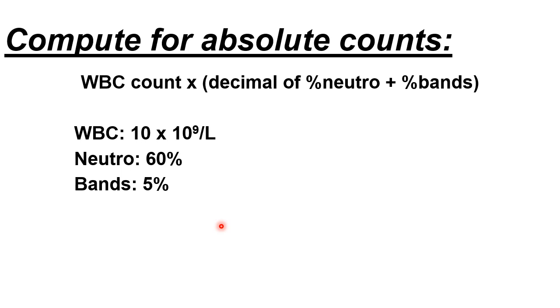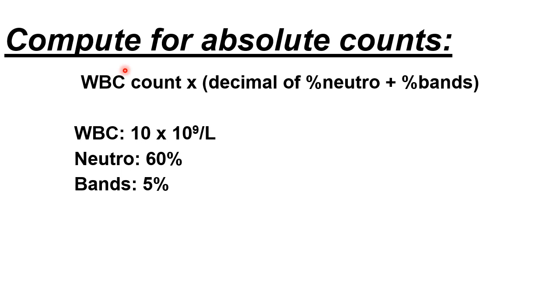Okay, practicing nga natin gawin yung absolute neutrophil count. So again, ang absolute neutrophil count natin, we take into consideration the levels of your neutrophils and the percentages of your band cells. Okay? So paano ang formula dyan?